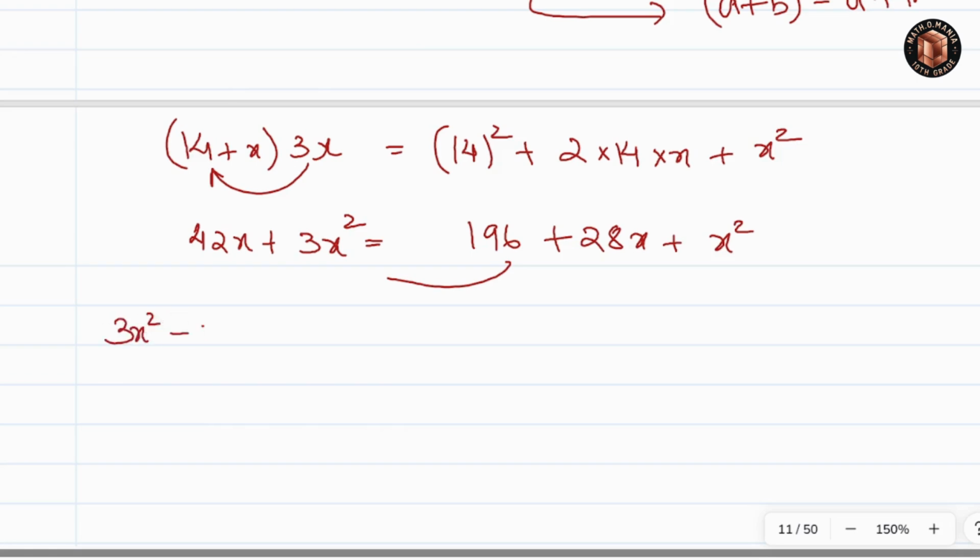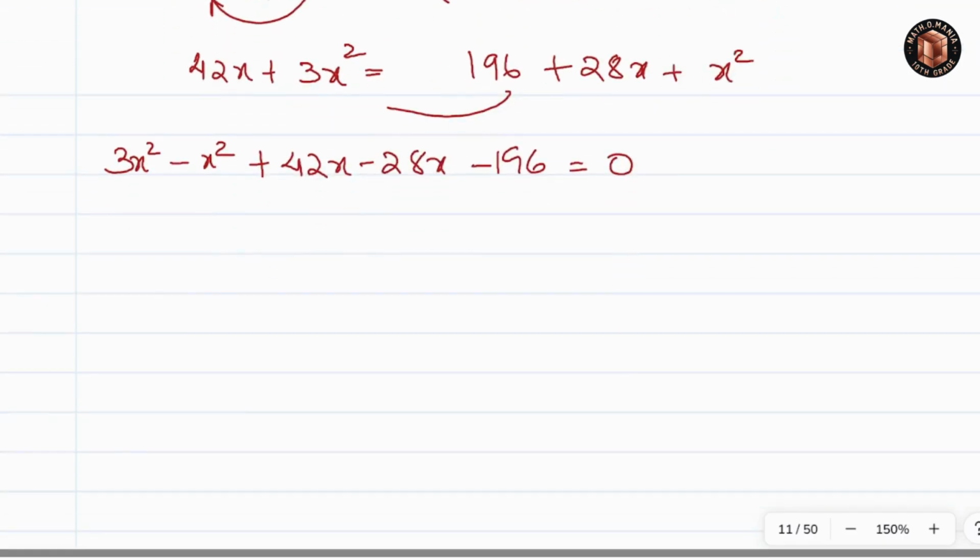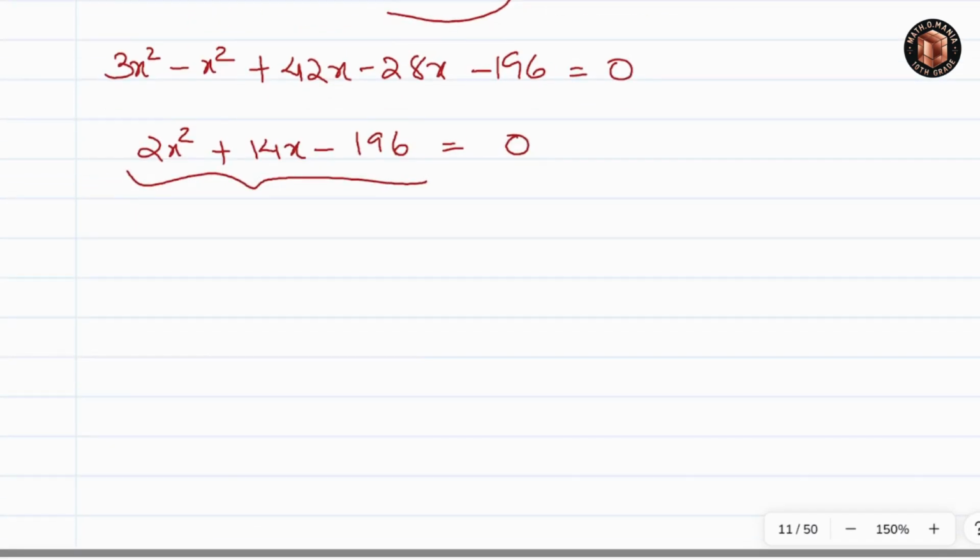3x square minus x square plus 42x minus 28x, then minus 196 equal to 0. So I will get what? Here I can write it like 2x square plus 14x minus 196 equal to 0. Then here you can see that we can take 2 commonly outside.